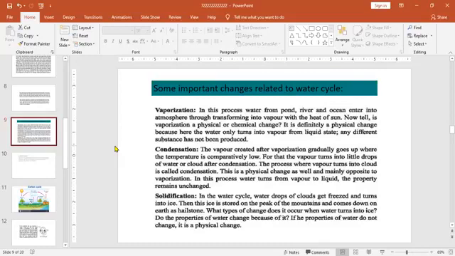This is a physical change as well, and it is mainly the opposite of vaporization. Condensation is the opposite word of vaporization. Vaporization is a physical change because in this process no new compound is created, so condensation is a physical change too.